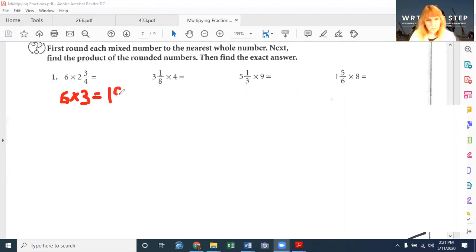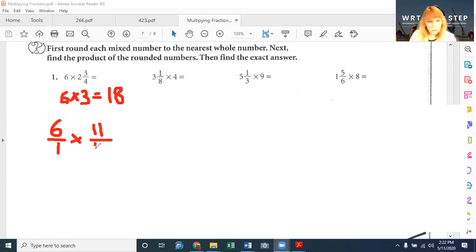Now they want us to find the exact answer. So the exact answer is going to be close to 18. So we're going to get 6 over 1 times 2 3/4. We're going to change that to improper fractions. So whole number 2 times the bottom 4, that's 8, plus 3 more, that's 11. 11/4.